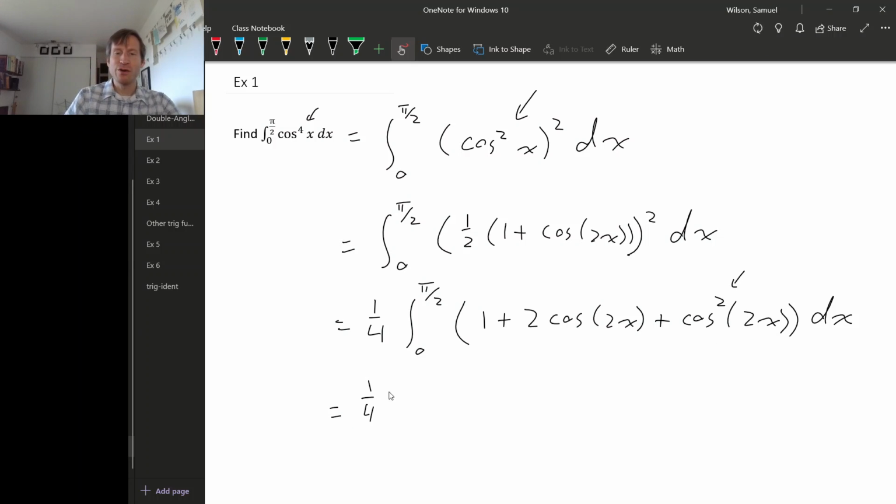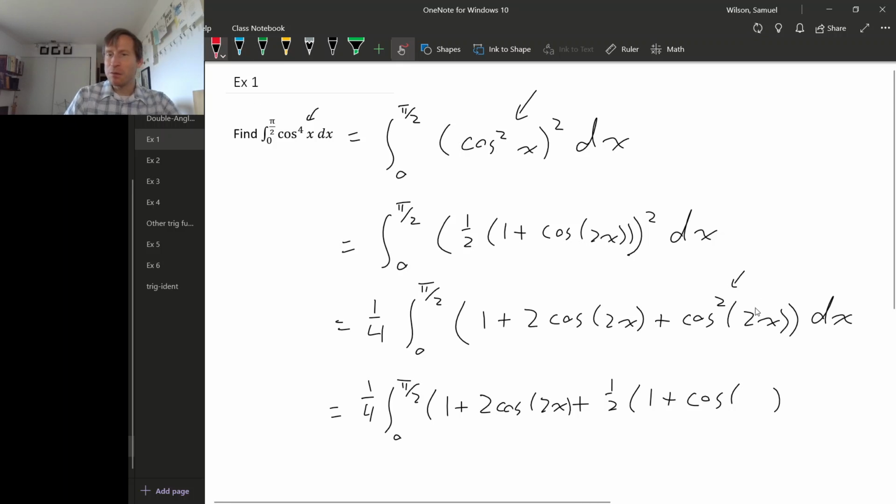So 1 over 4 times the integral from 0 to pi over 2 of 1 plus 2 cosine 2x plus, and now another copy of the double angle identity, so 1/2 times 1 plus cosine of, now the double angle identity takes whatever you had inside cosine squared and doubles it. So the double of 2x is 4x.